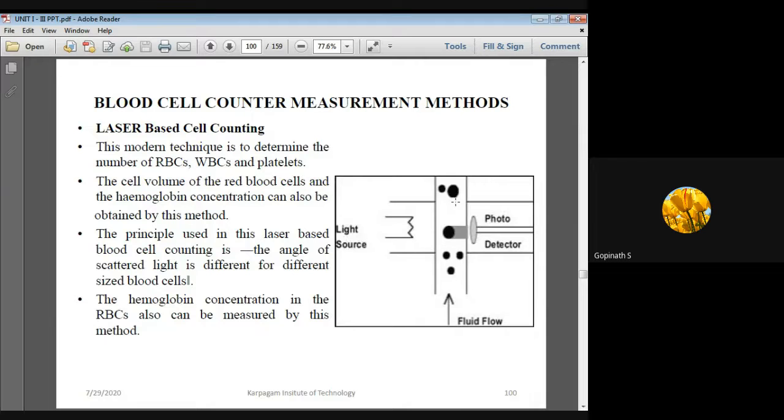So at the starting point, we measure only the RBC and platelets. At the secondary point, we measure only the WBC after vanishing the RBC by lysing. So this is the fourth method for measuring the blood cell count, the laser-based cell counting method.